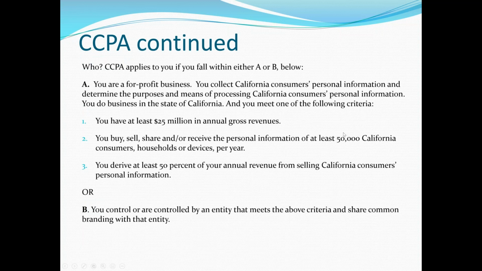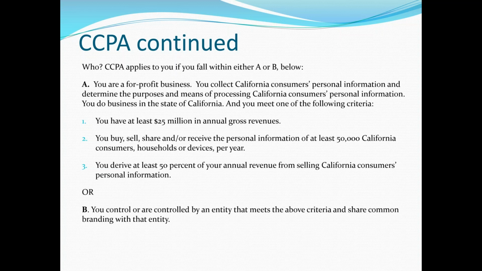Scary stuff. So, who does the CCPA apply to? If you fall into either category A or category B on this slide. So A, you are a for-profit business, you collect California consumers' personal information, or such information is collected on your behalf, and determine the purposes and means of processing California consumers' personal information.